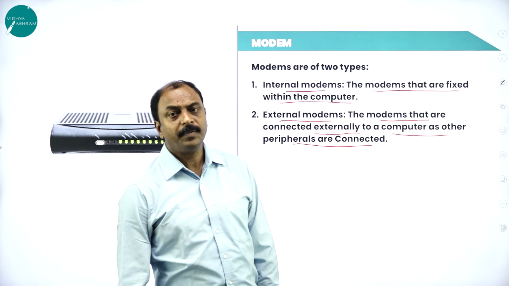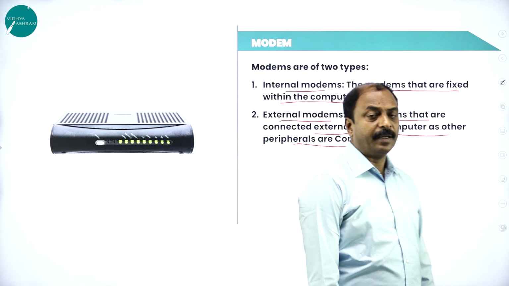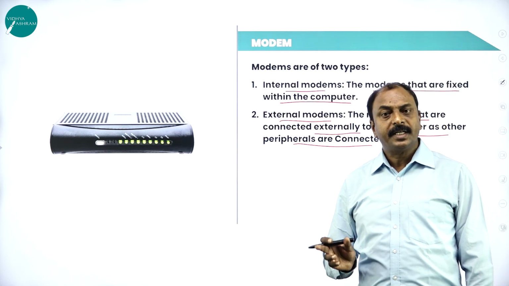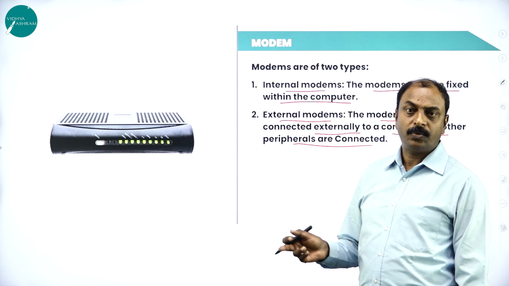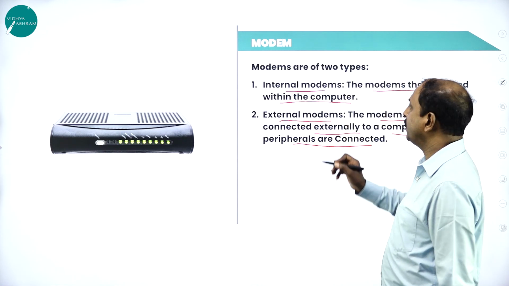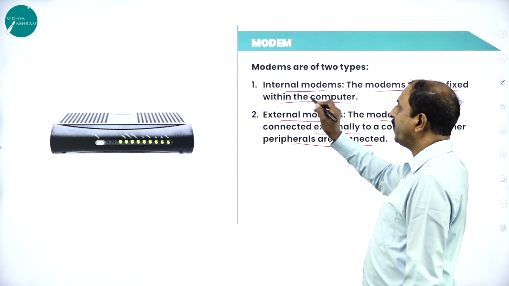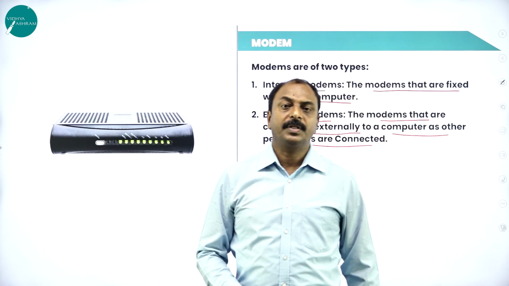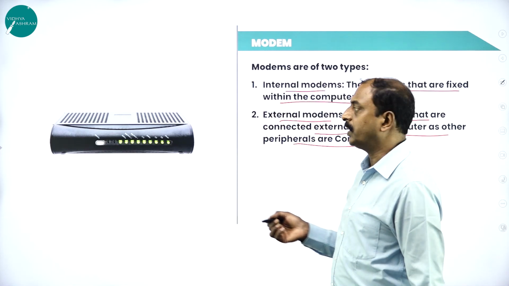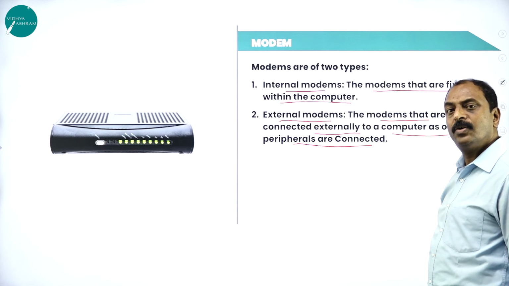Normally we use the modem connected externally as a separate device connecting through the CPU. But an internal modem is fixed within the CPU or cabinet. So these are the two types of modem.